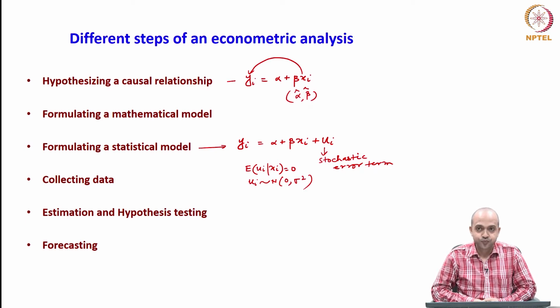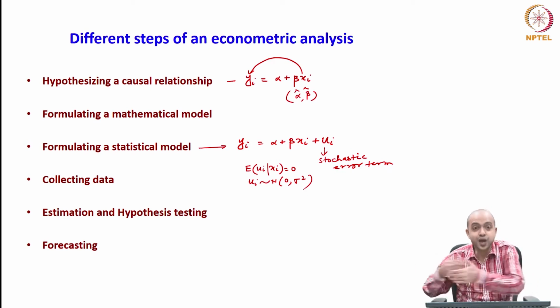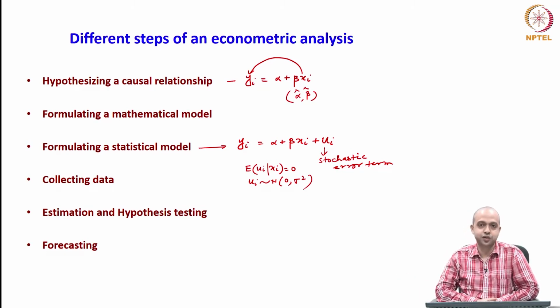Like that, for our estimates of alpha hat and beta hat, before we actually apply them for policy purpose, we must ensure that they are reliable and exhibit certain desirable properties. Unless they exhibit those desirable properties, it would be dangerous to use this alpha hat and beta hat for policy purpose, like applying the coronavirus medicine on a human being without testing.